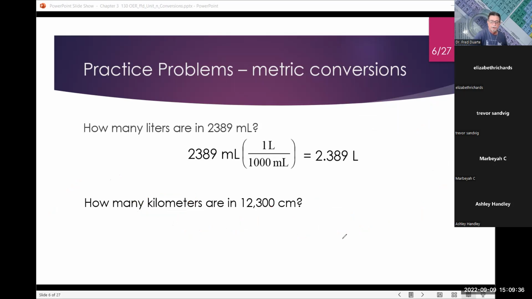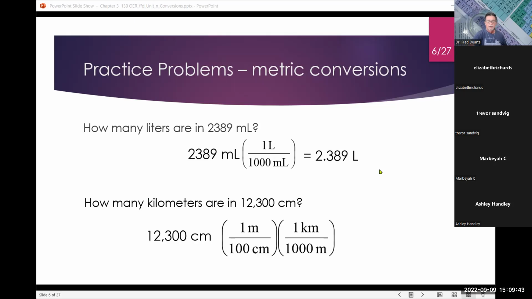Let's clear this up here. Here's what I'm given. These are the units I need to cancel things out, okay? Notice my centimeters cancel, my meters cancel, leaving the units of kilometers. And I want to go from a large number value-wise, and I'm dividing by numbers here.